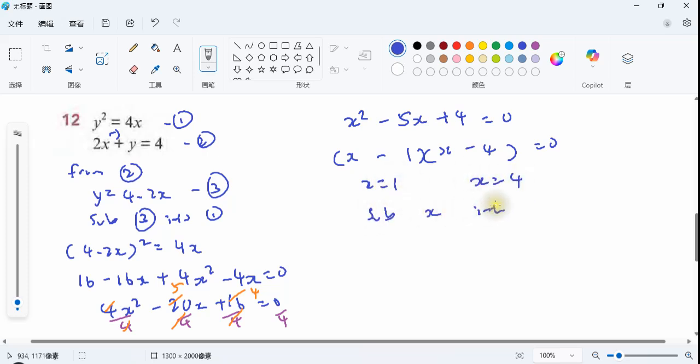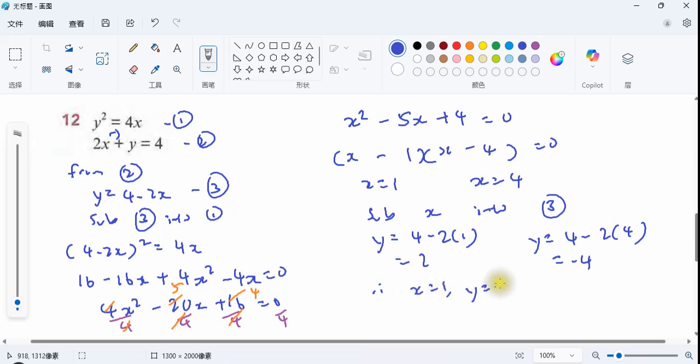Then sub x into equation 3. Then y will be 4 minus 2 times 1, which is 2, y equal to 4 minus 2 times 4, then negative 4. So when x equal to 1, y equal to 2, and then x equal to 4, y equal to negative 4.